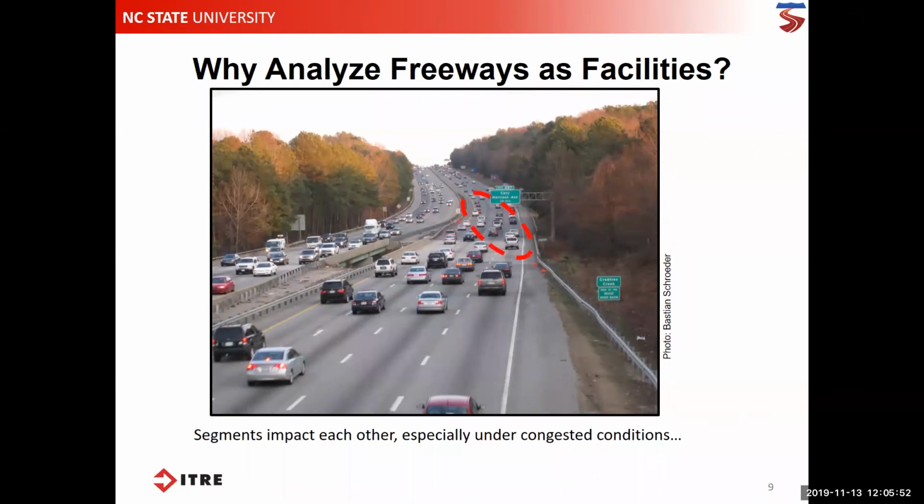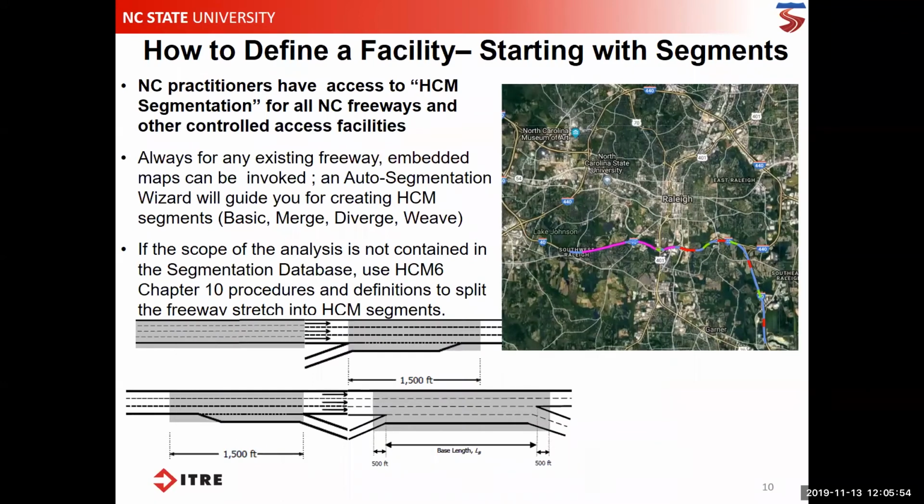So the first thing we need to do is to define what a freeway facility is. We're giving you here three options on how this is done. Locally in the state of North Carolina, our DOT is very much supporting the implementation of the methods within the state, to the point where at this point we have created a database of all freeway and other controlled access facilities in the state.